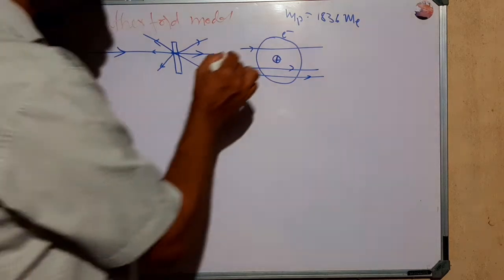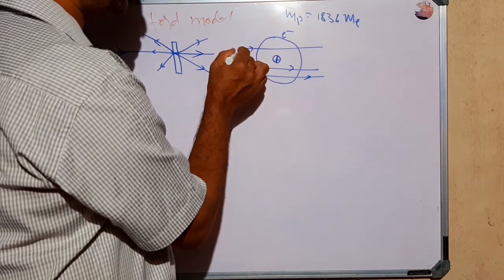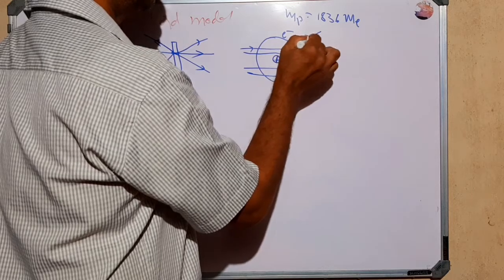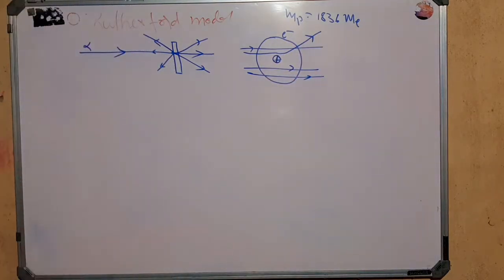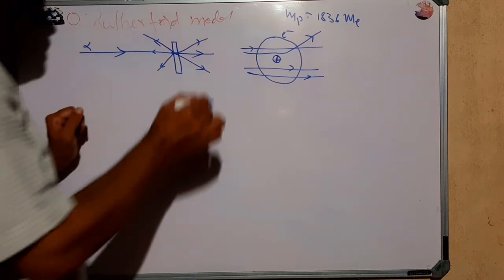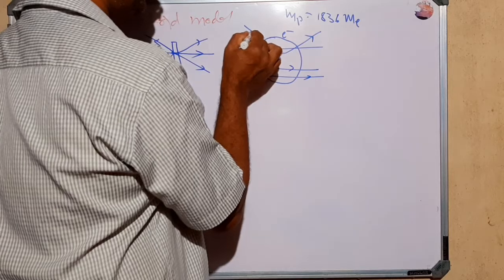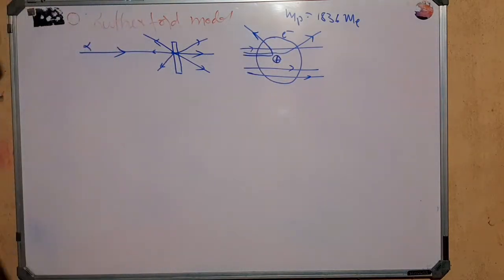But as the alpha particles approach close to the nucleus, they get scattered because the alpha particle is positively charged and the nucleus is also positively charged. When they come very close to the nucleus, they get scattered with a large angle.